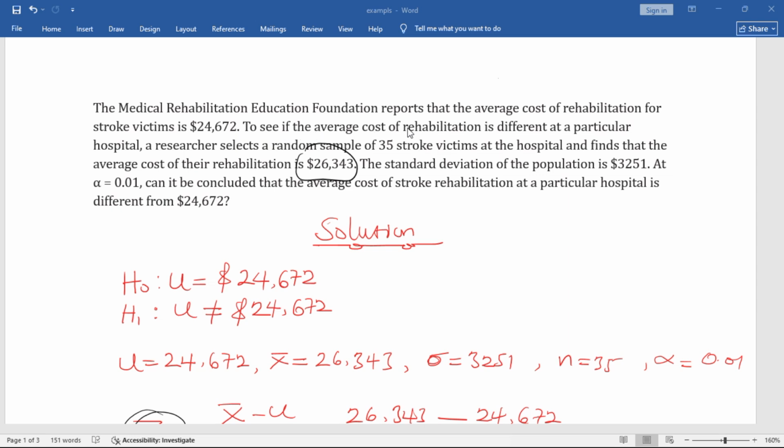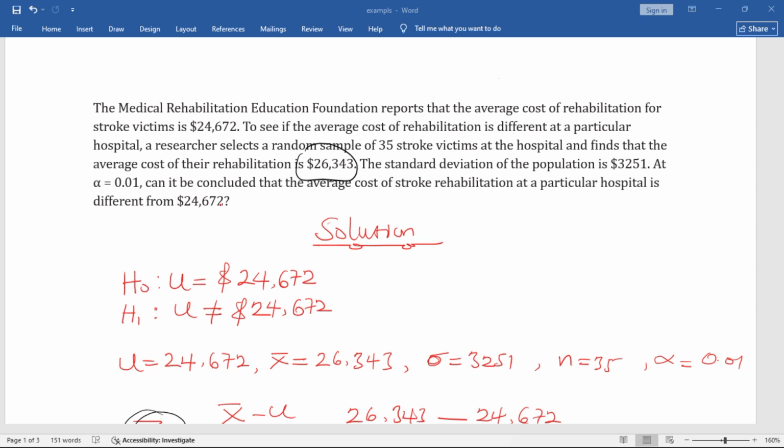To see if the average cost of rehabilitation is different at a particular hospital, a researcher selects a random sample of 35 stroke victims at the hospital and finds that the average cost of their rehabilitation is $26,343. The standard deviation of the population is $3,251. At an alpha of 0.01, can it be concluded that the average cost of stroke rehabilitation at a particular hospital is different from $24,672?